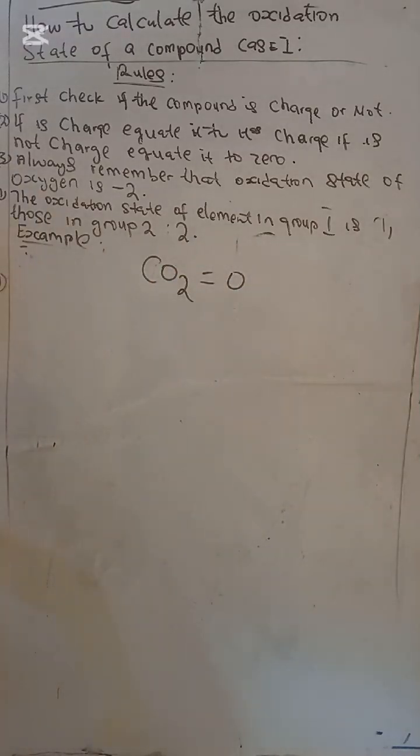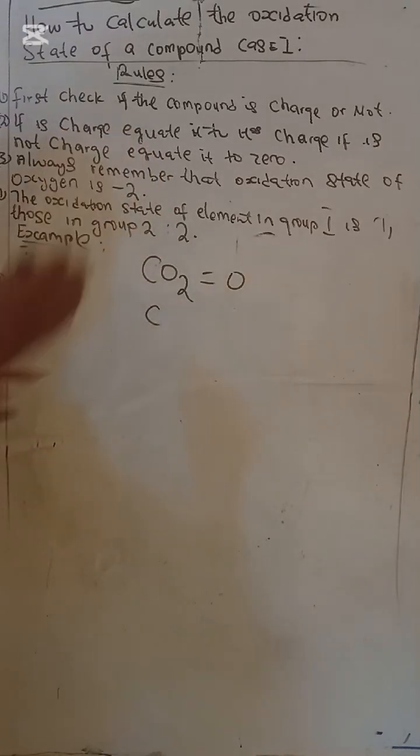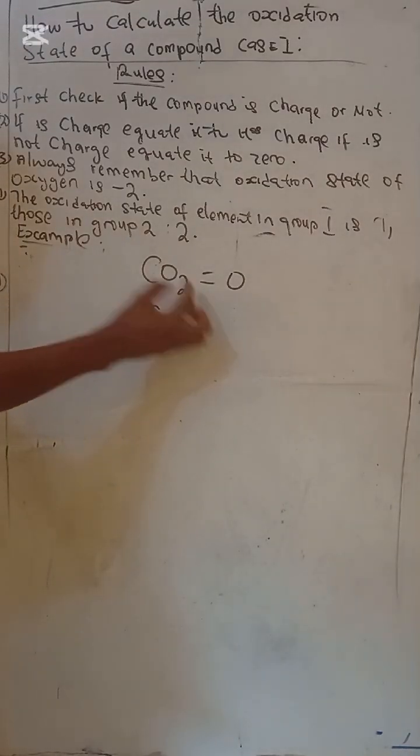Since we are looking for the oxidation state of carbon, you will write C, because that is the one you are looking for. This is oxygen, right? Always remember that the oxidation state of oxygen is -2. So you ask yourself, in this compound, how many atoms of oxygen do we have here? We have 2 atoms of oxygen.